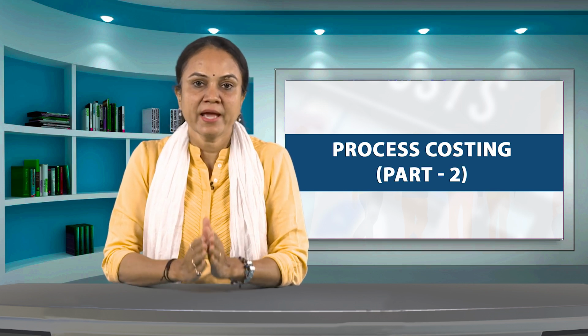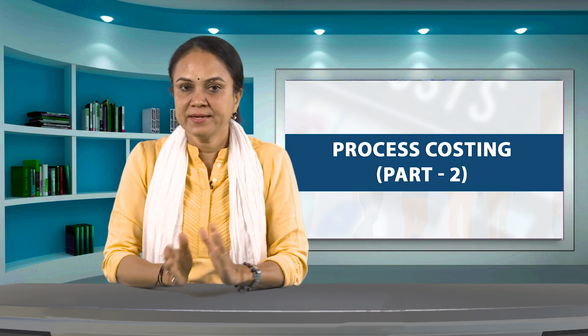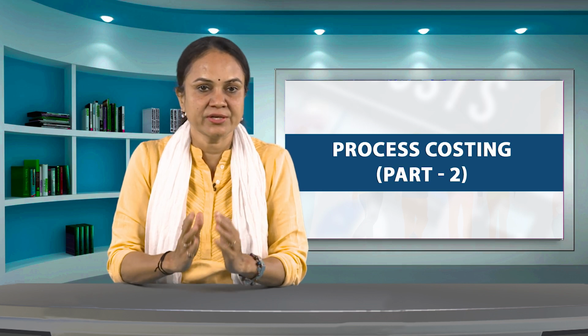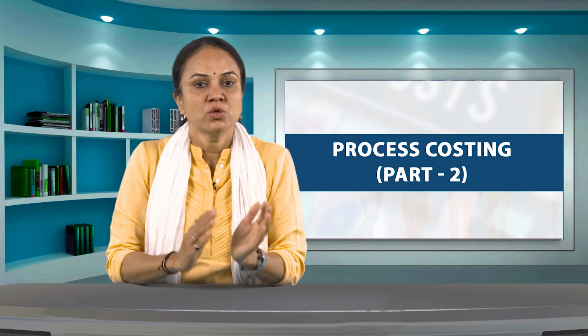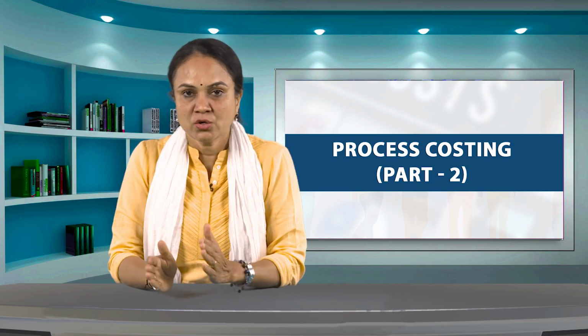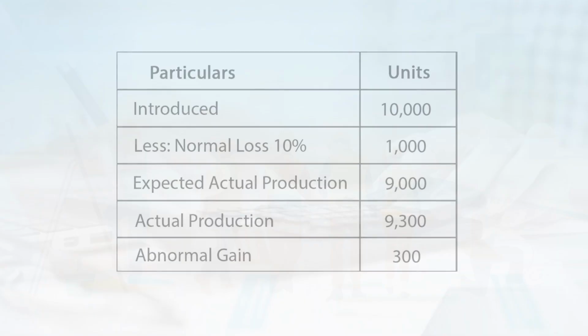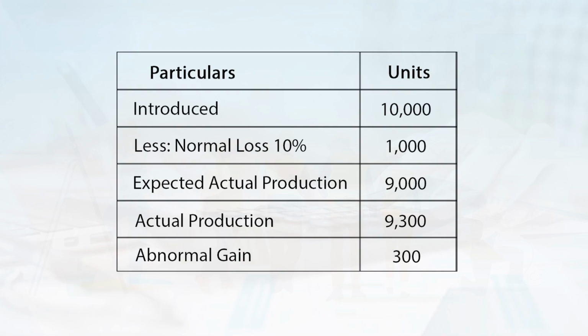In this question, actual production is given and that is 9,300 units, while expected actual production must be equal to units introduced less normal loss. In our case, units introduced 10,000 units less normal loss 10%, that is 1,000 units, giving us 9,000 units as expected actual production, but our actual production comes to 9,300 units.